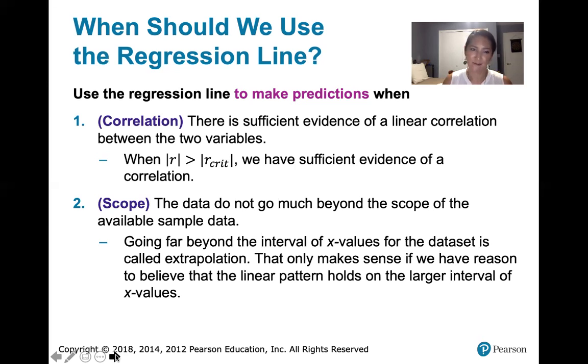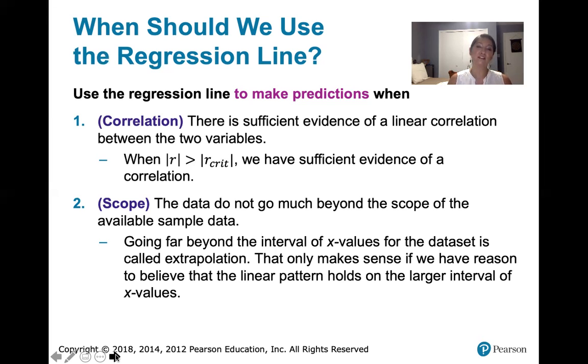But if we don't have any reason to believe that that linear pattern continues to hold, we shouldn't expect to be able to plug in very, very large or very, very small x values that go beyond the interval of x values that was used to come up with that regression equation in the first place. Because the truth is, at the extremes, that pattern may not continue to hold. So we need to be very careful about extrapolation. We should only extrapolate when we have reason to believe that extrapolation will give us a good estimate.